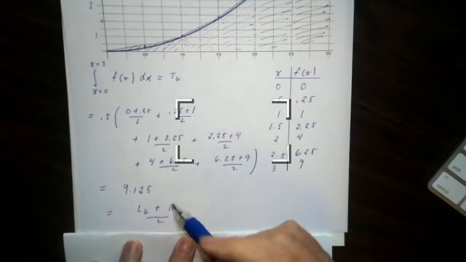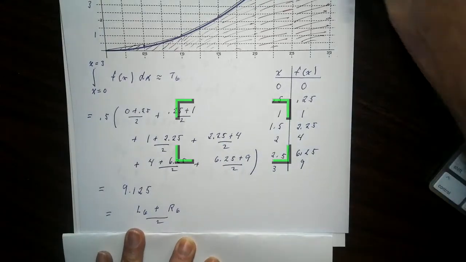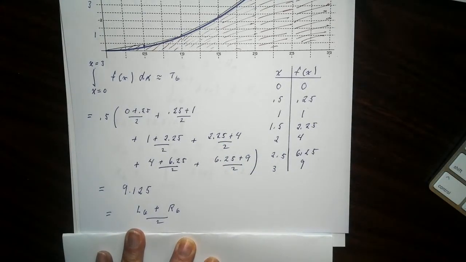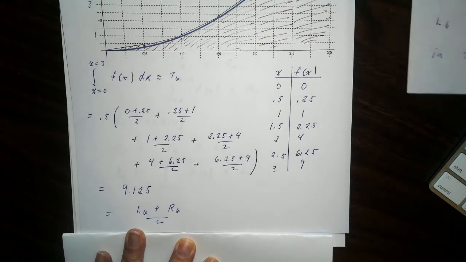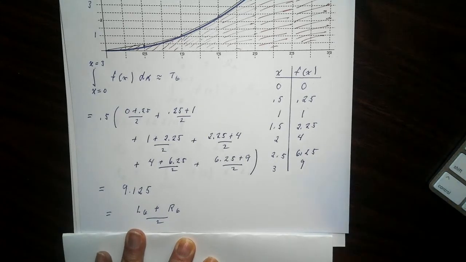Now, if we go back and look at what L6 was and R6: L6 was 6.873.